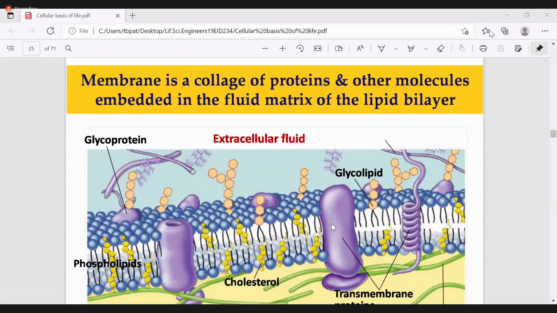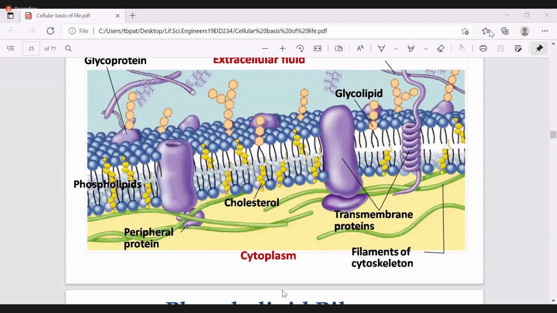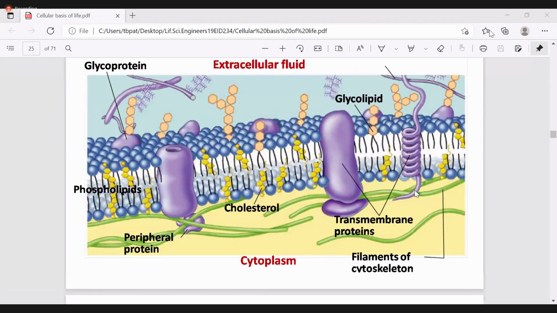Next is the membrane. Extracellular fluid and cytoplasm are separated by this particular membrane.